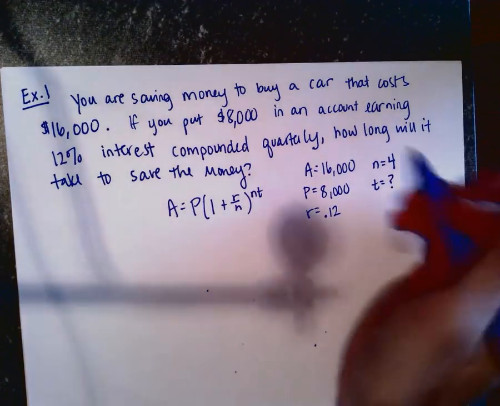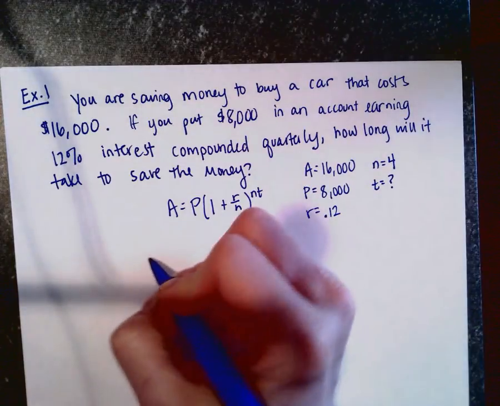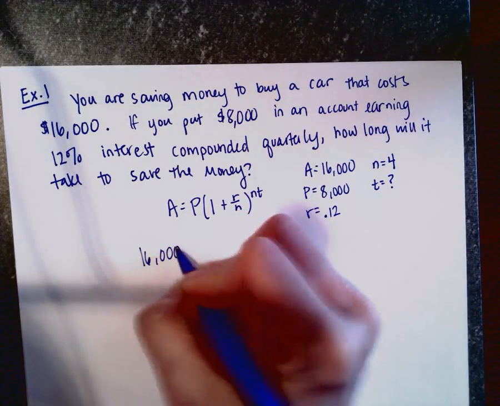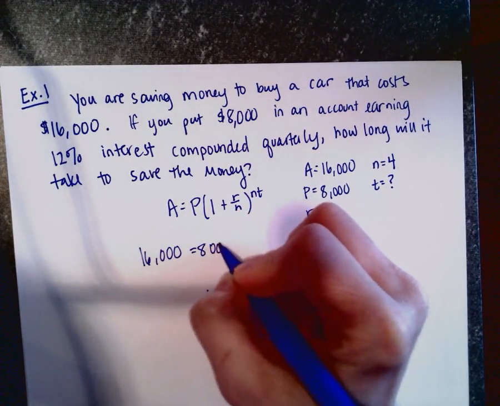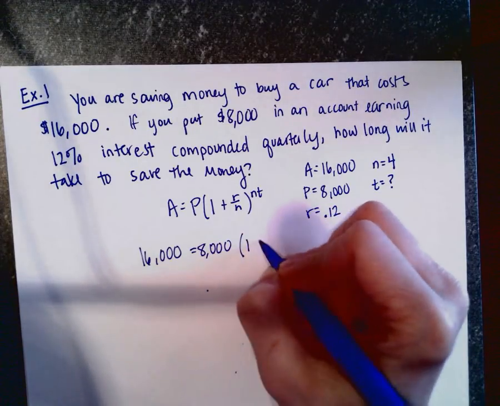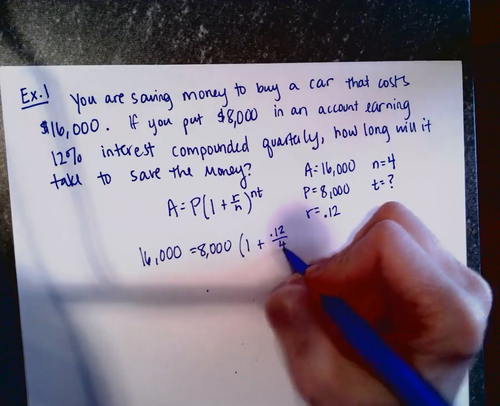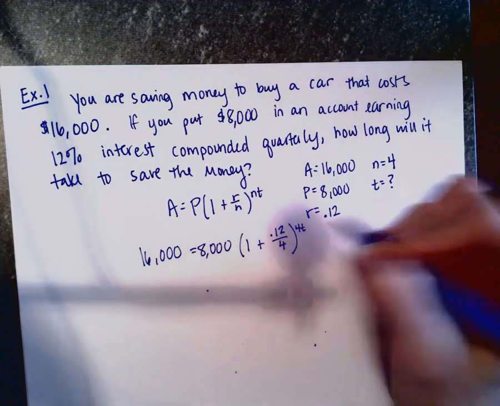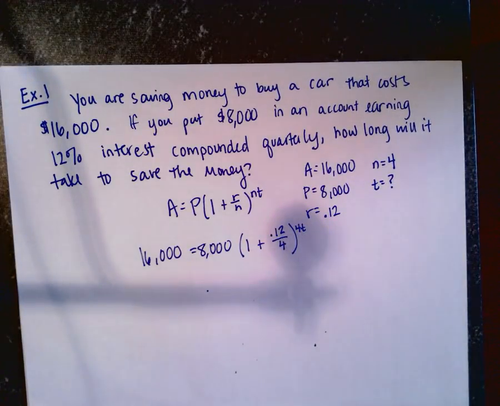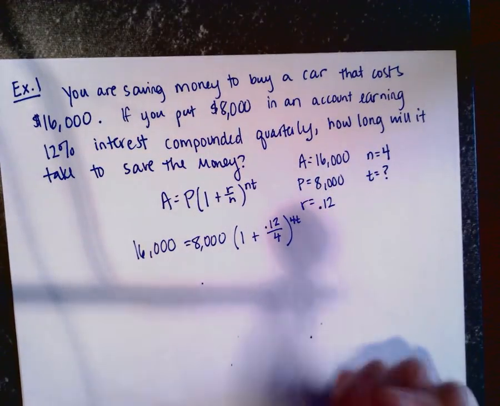Okay, so I'm going to plug in all these values to the equation. So I have 16,000 equals 8,000 times (1 plus 0.12 over 4) to the 4t. And that t right there is what I'm solving for. So I'm solving for a variable that's in the exponent.